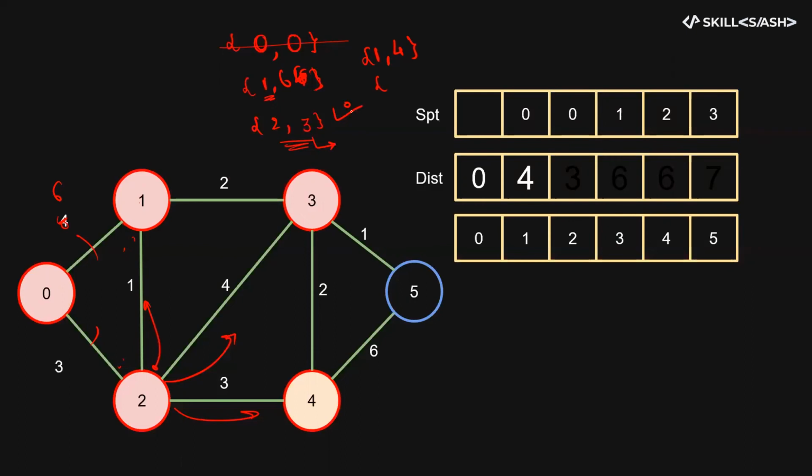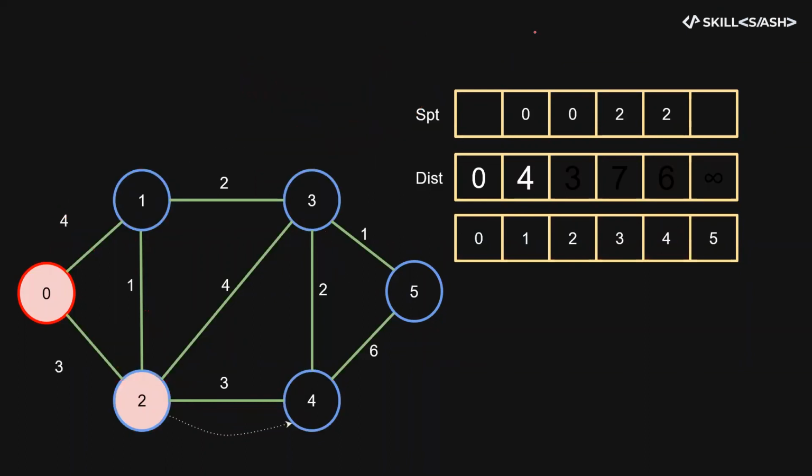Next, 3 is reachable with 3 plus 4, 7 units, and 4 is reachable with 3 plus 3, 6. Now all these nodes are in the heap. I'll remove this because it has been processed. Which is the least distance next? The next least distance is 4. Now I'll start iterating over 4. So either I can have a heap, or in simple terms, the priority queue with definitions like this.